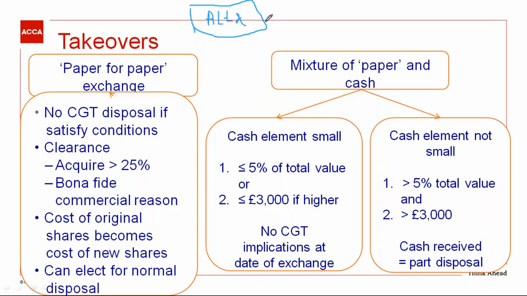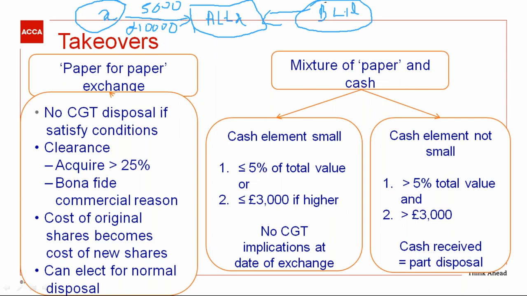Now, A Limited. We call him X, an individual who has 5,000 shares in A Limited, which he bought for 10,000 pounds. Now A Limited is acquired by B Limited.